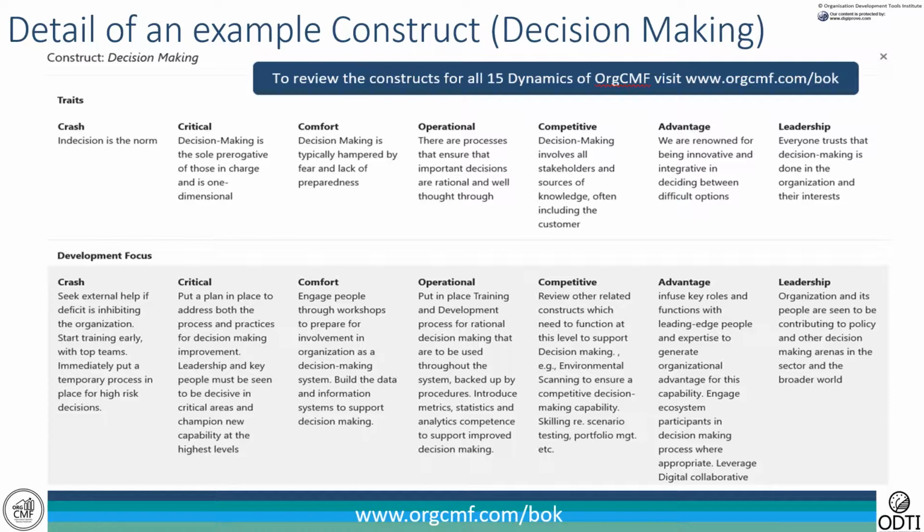Let me remind you, there are very few rules in dynamic systems maturity theory. Skipping a level is not recommended as it breaks the learning development sequence and results in failure of the development action to gain traction or sustainability, or worst case, can cause regression from the existing measured maturity level.